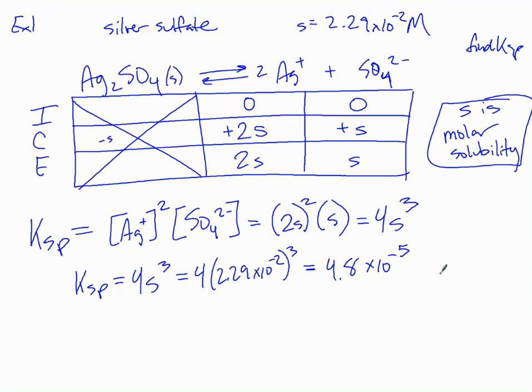So, in terms of units, this is a value for K. It's an equilibrium constant. Kc had no units. Kp had no units. This is not going to have units either. It's just a number.